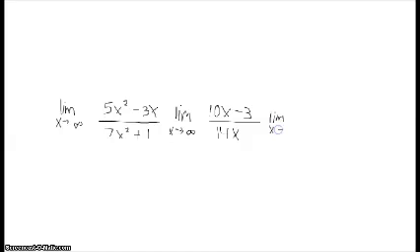The limit is as x approaches infinity, and the derivative of the top function would be 10 over 14, which is the derivative down here. Now you can see that we finally approached a number. Sometimes you have to use L'Hopital's rule multiple times in order to get an answer. So that was the basics of working with the indeterminate form infinity over infinity.